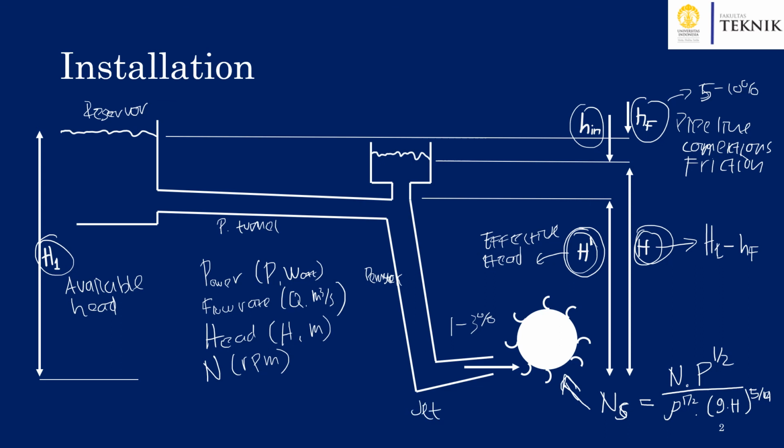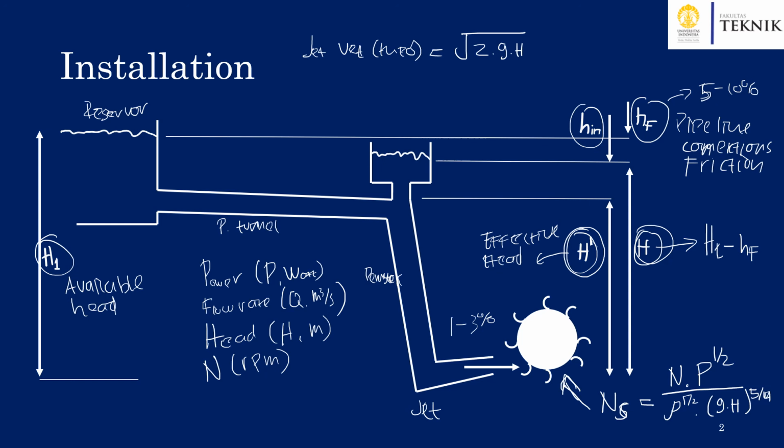So theoretically, the jet velocity is equal to the square root of 2 times gravity times head. This is the theoretical one.